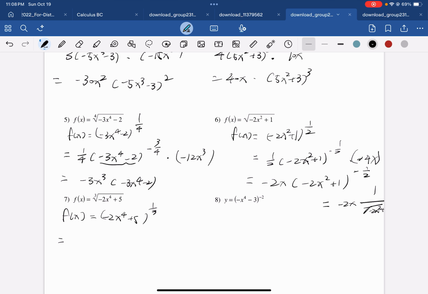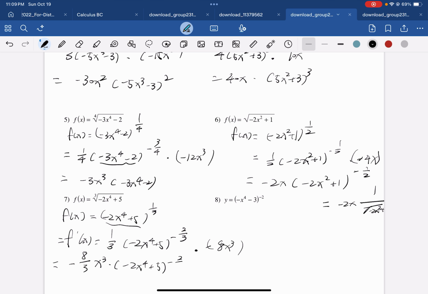So the derivative of the function becomes a third times the original function, which is (negative 2x to the 4th plus 5), raised to negative 2/3, and times the derivative of this function, which is negative 8x cubed. So it equals negative 8 over 3 times x cubed times (negative 2x to the 4th plus 5) raised to negative 2/3.